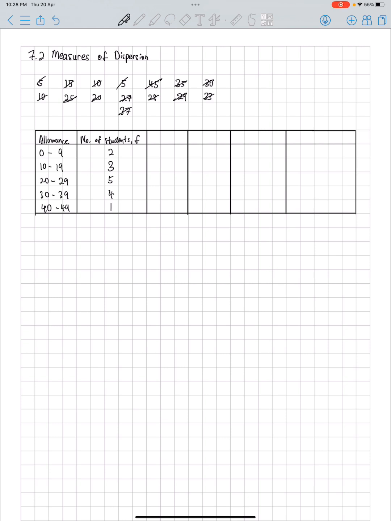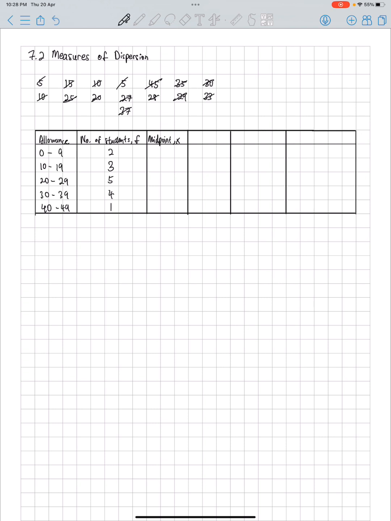So next we need to find the midpoint, which is x. How to find the midpoint? Midpoint is lowest and highest added together divided by 2.